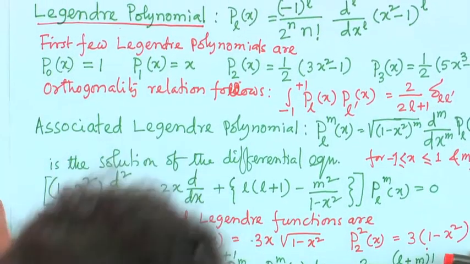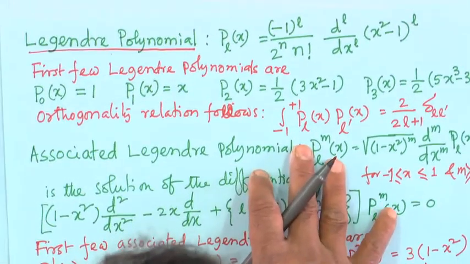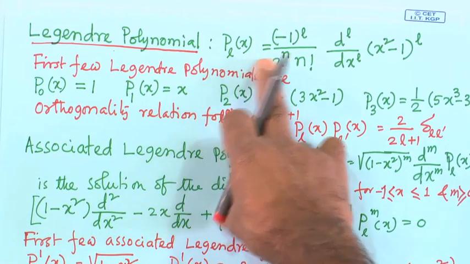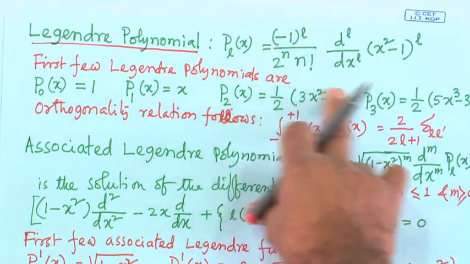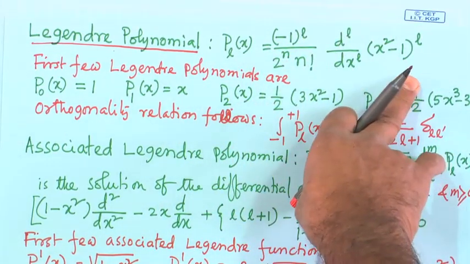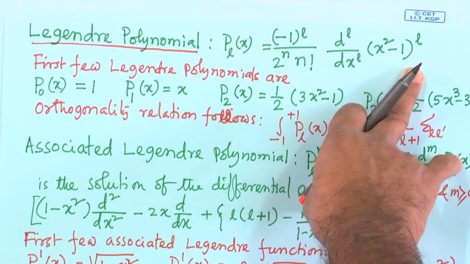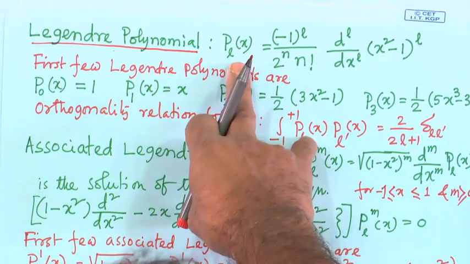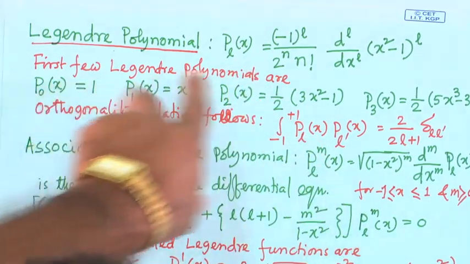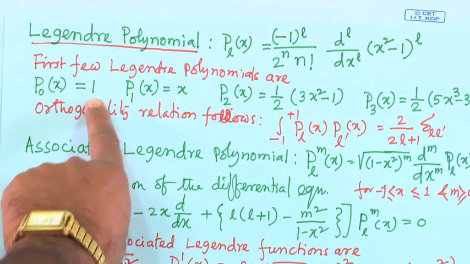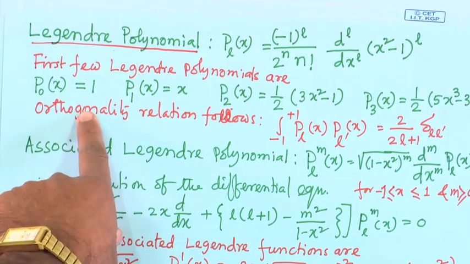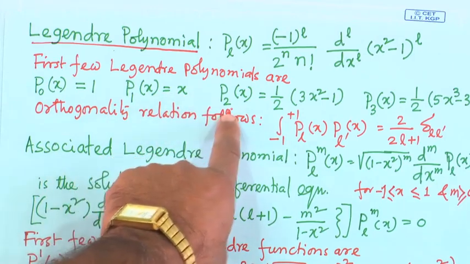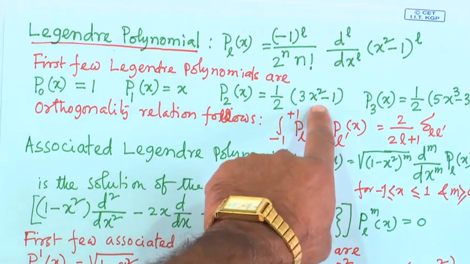Similarly, you have the Legendre polynomials. This is the definition of the Legendre polynomials, basically P L of x. This is the form of these Legendre polynomials, and a few Legendre polynomials having different values of L are: P 0, for L equal to 0, is 1, P 1 is x, P 2 is half of 3 x square minus 1.